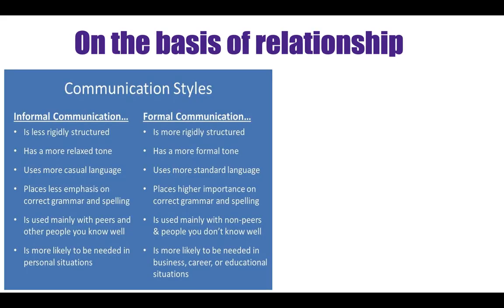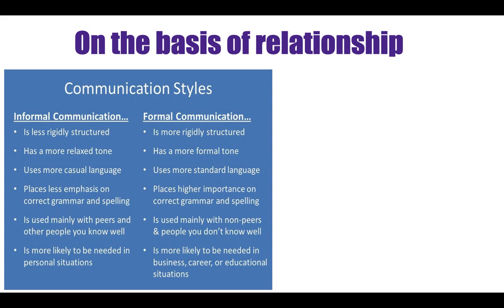So, on the basis of relationship, we have informal and formal communication. Informal communication is less rigid. It has a more flexible and relaxed tone. It uses more casual language, and there is less emphasis on grammar and spelling.